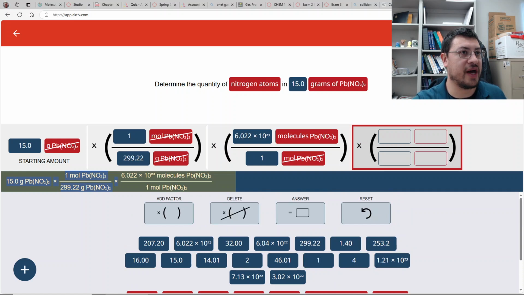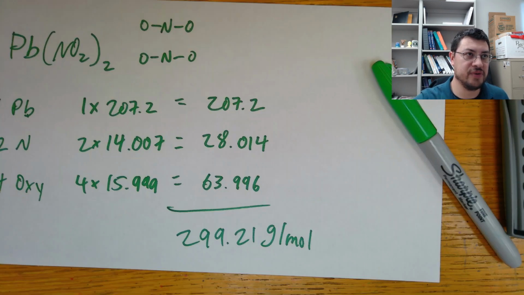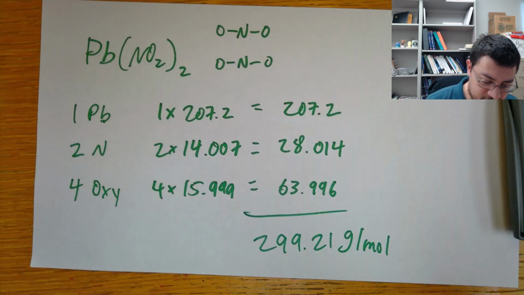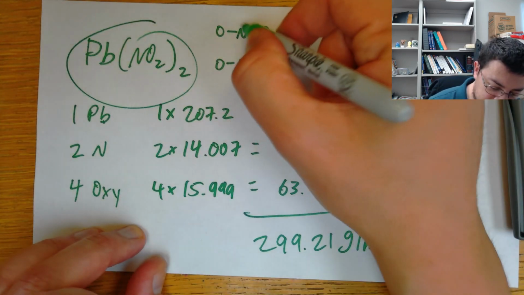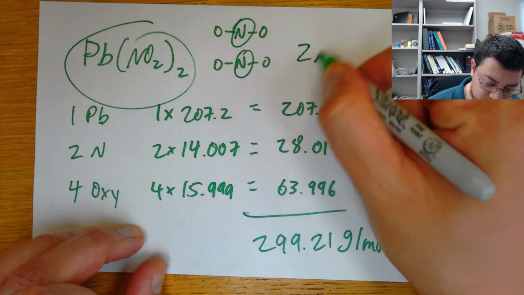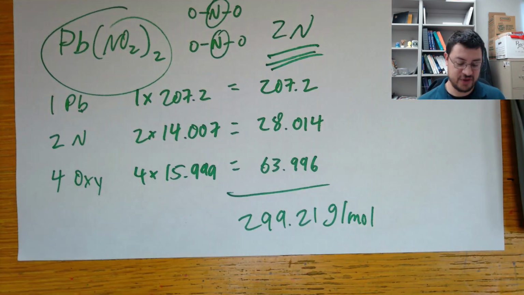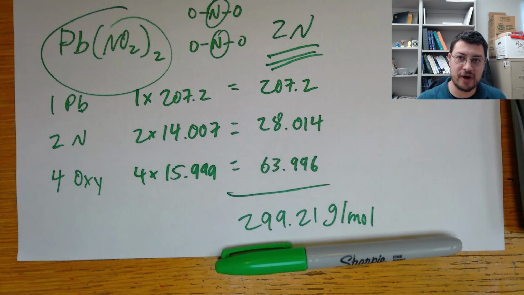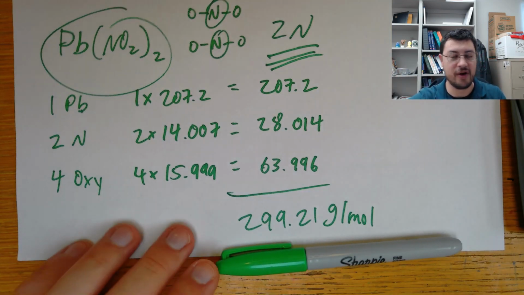So we need to think about how many nitrogen atoms are in the formula unit, okay? One of these gives us 2 nitrogen atoms. So we have 2 nitrogen atoms per molecule, all right?